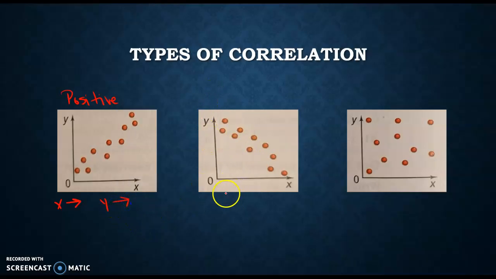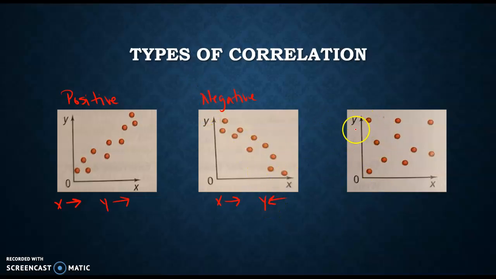All right, now if we notice this one, as my X value increases, my Y value decreases. And so that is a negative correlation. If I were to draw a line in either of these, this first one would have a positive slope and the second one would have a negative slope.